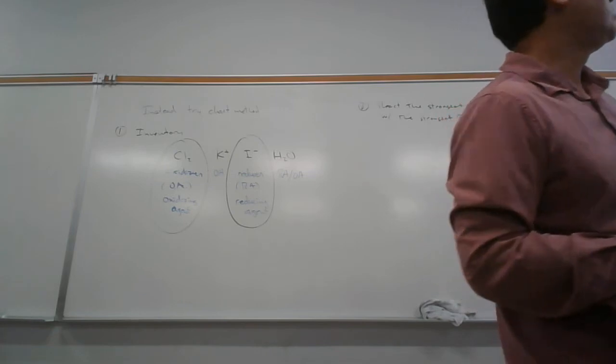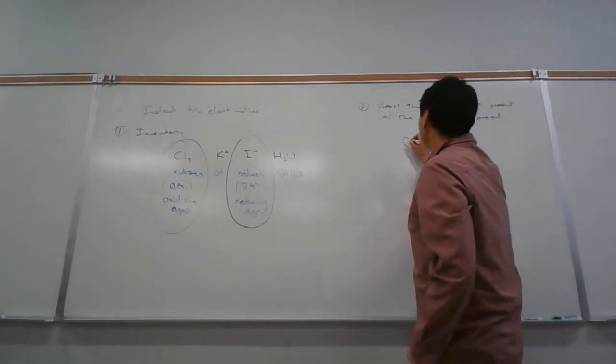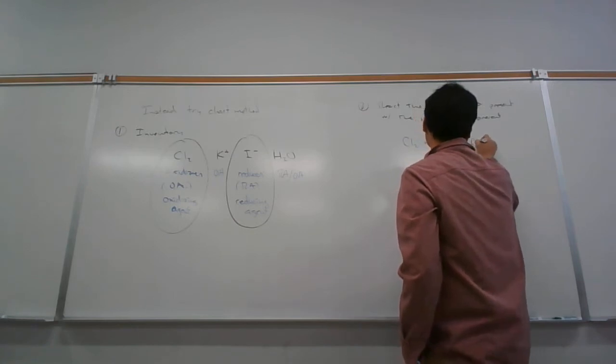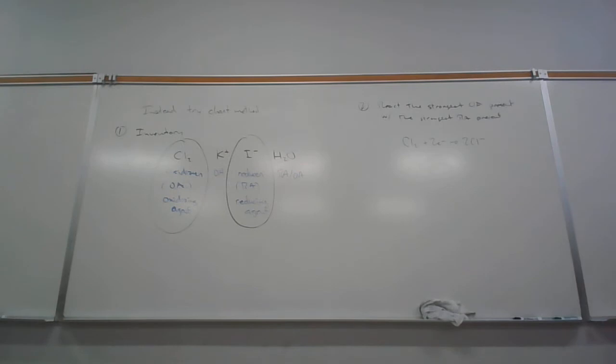Okay, then what we do is we copy down. So when chlorine reacts, what does it do? It takes 2 electrons to form 2 chlorides. And so we copy this down. When chlorine reacts, it takes 2 electrons to form 2 chlorides. Now, we only go on one table for both, so we have to read these backwards sometimes. So when iodide reacts, we don't want iodide as a product.